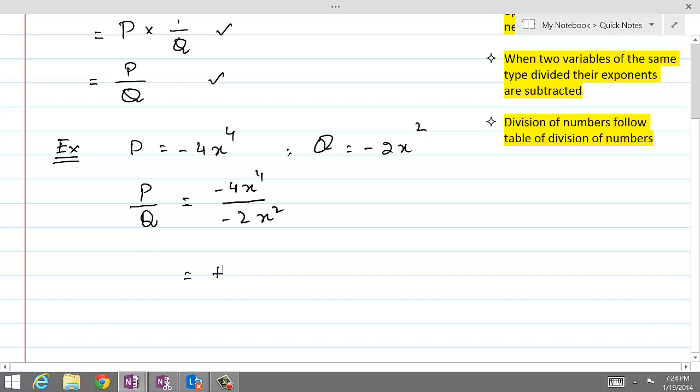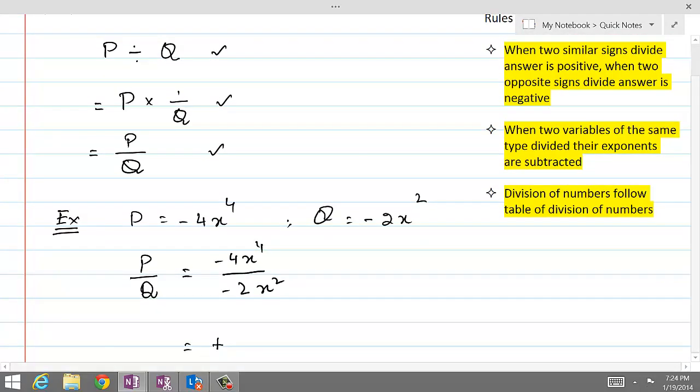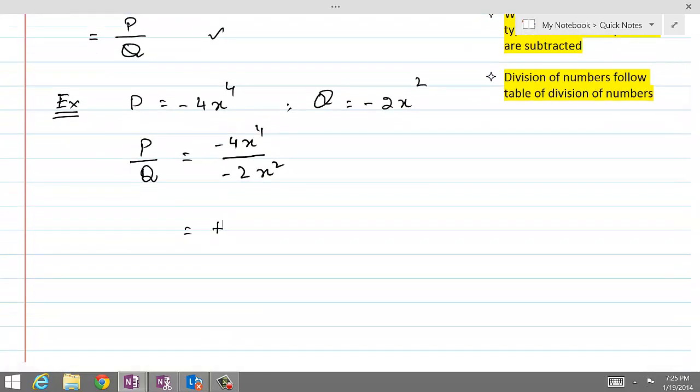And we have written the rules of division here on the yellow side. When two same signs divide, the answer is always positive. When two opposite signs divide, the answer is always negative. So the rule is pretty simple. And now 4 divided by 2, that will give the answer 2.